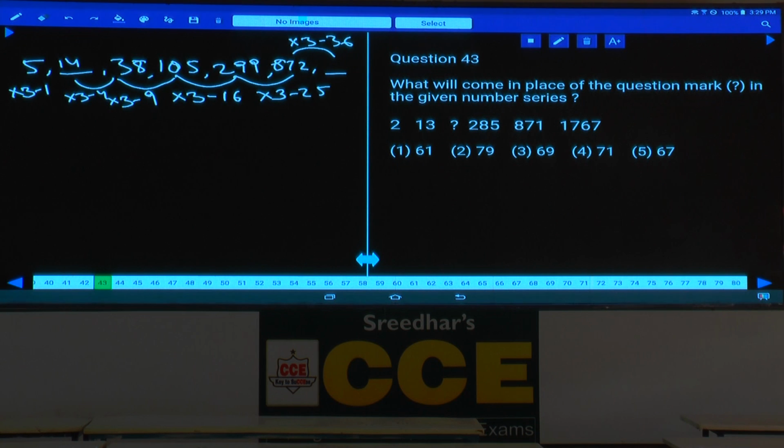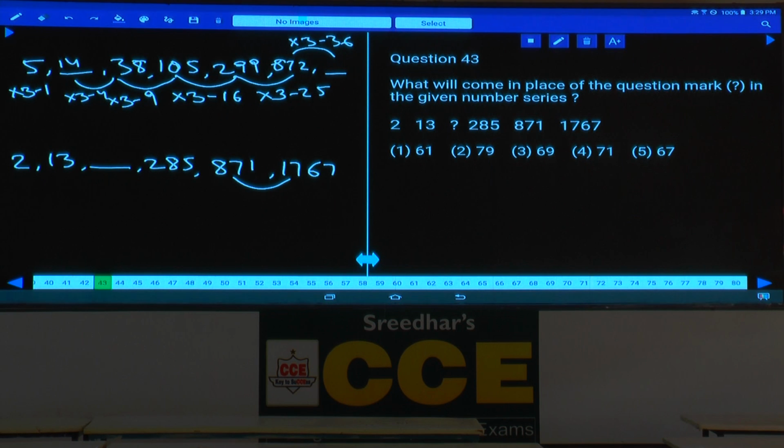Then 43, again 871 and 1767. Numbers are increasing, hence it must be under which category? 213, blank, 285 and 871 and 1767. Now 871 and 1767, how to express this one? 870, 850, that will be how much?